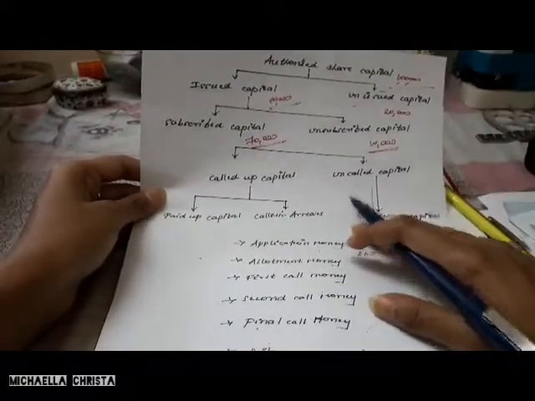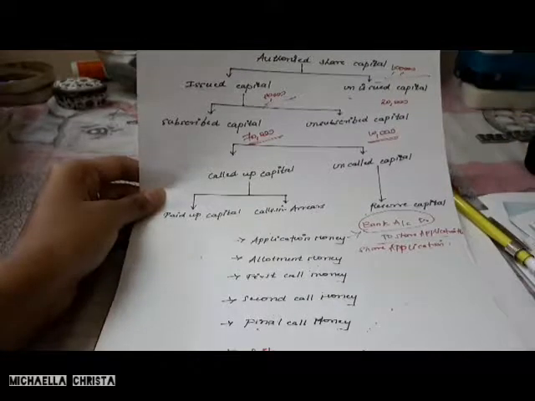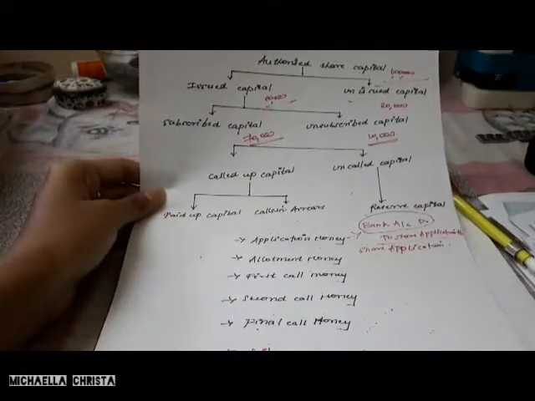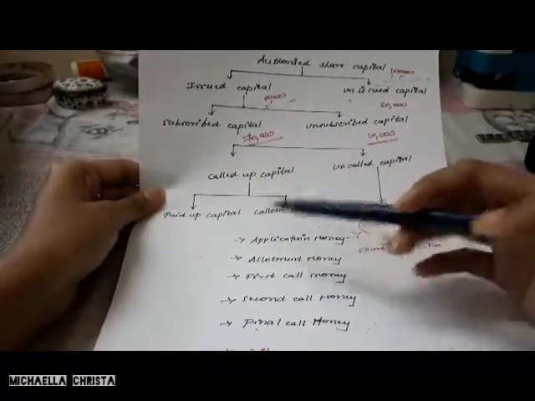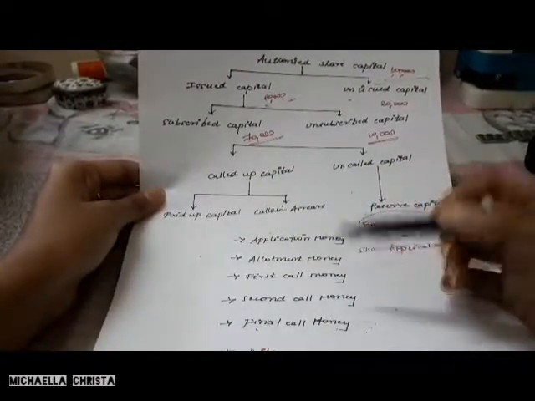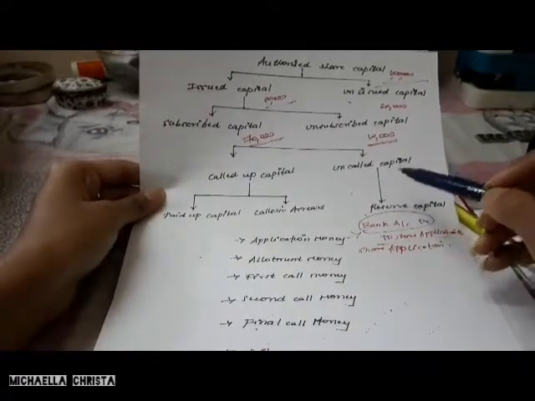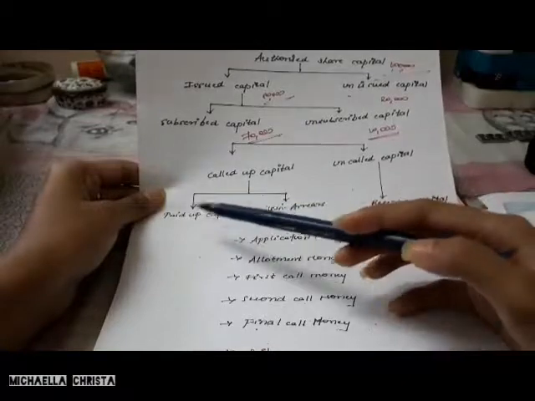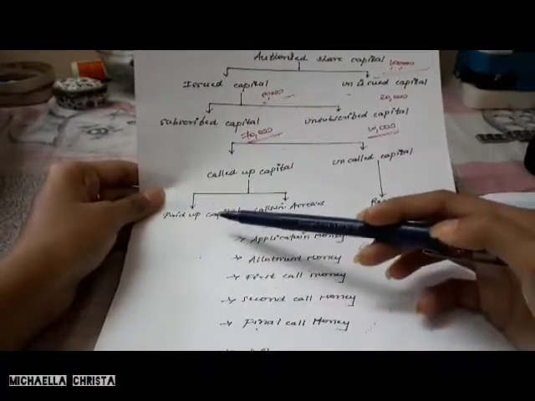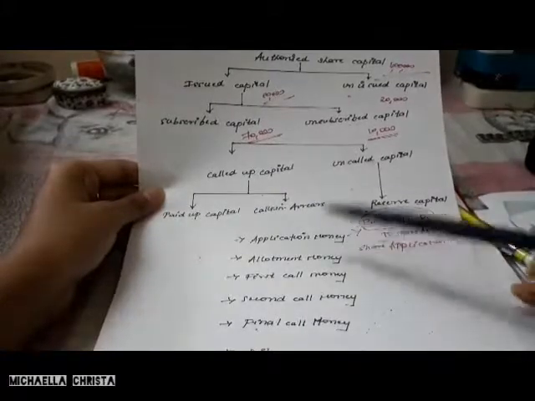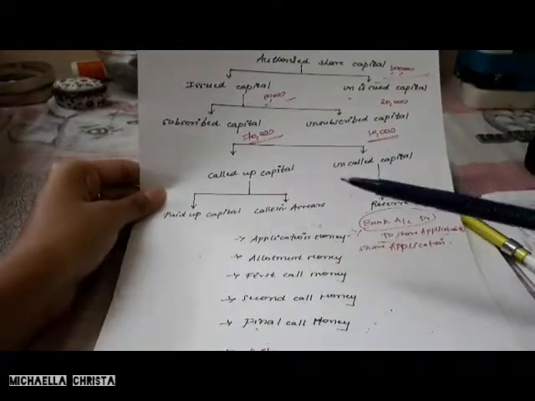The money asked for by the company is called called-up capital, and what the company hasn't asked for is called uncalled capital. The money paid by the shareholders is called paid-up capital. Not all the money will be paid; they may fail to pay some money.